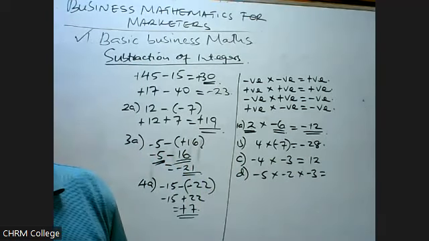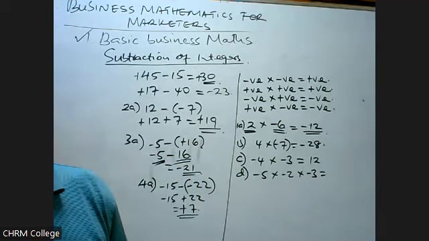Negative and negative will be positive 10. But positive 10 times negative 3 will be negative 30. Negative and negative is positive, but that positive 10 in this case will multiply by this negative 3, then the answer will change back to negative.